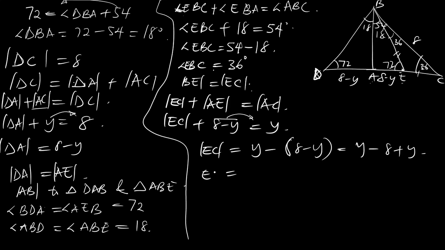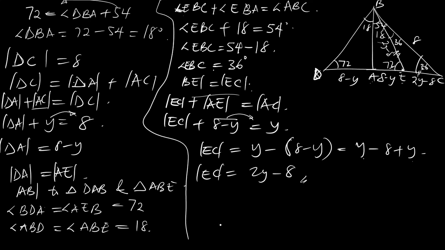Now if you add Y plus Y, you have 2Y minus 8 as the answer. So that means here is 2Y minus 8. And if here is 2Y minus 8, that means here is also 2Y minus 8, because this side is equal to this side since they are isosceles triangles. So that is what we explained here.